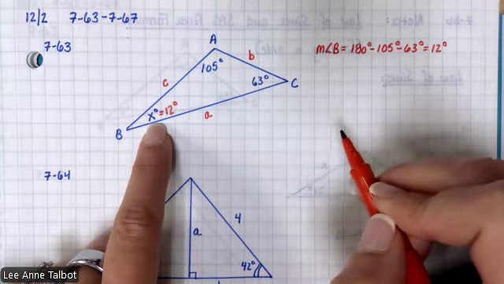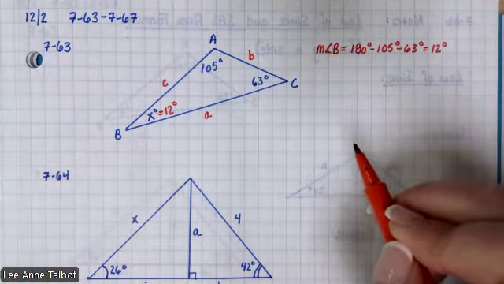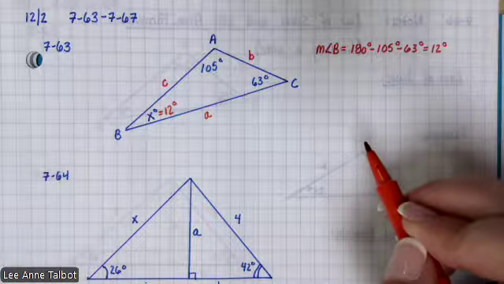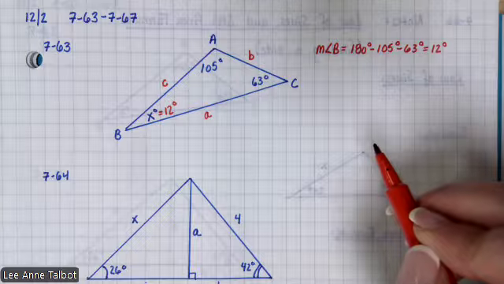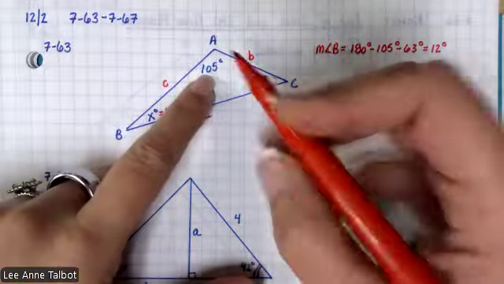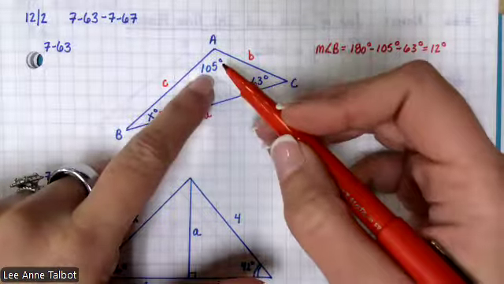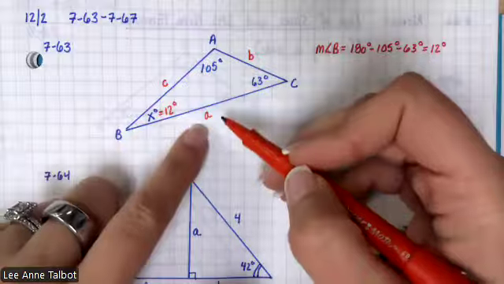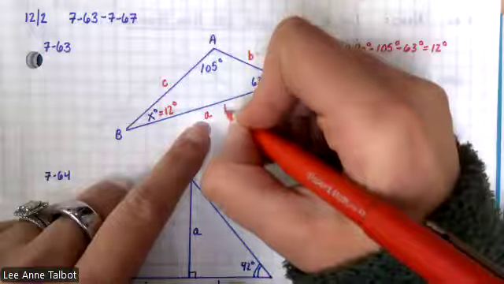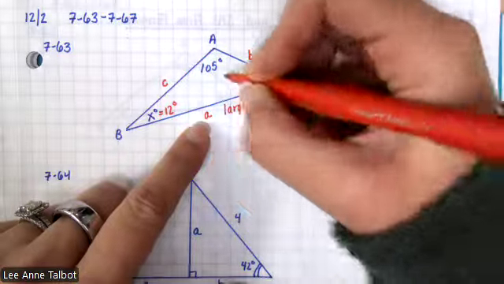Okay, the last thing I want to talk about is, I don't know what they call it in math 2, but I called it the French fry theorem because I used to teach math 2 back in the day. And what it's saying, I think it's actually called the hinge theorem, is the largest side has to be across from the biggest angle. So this means that this is the large side.